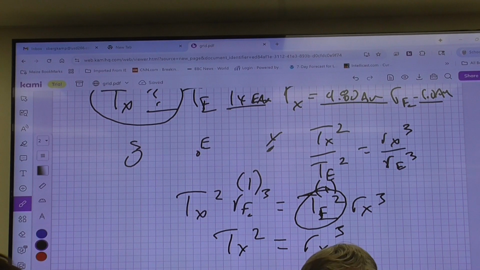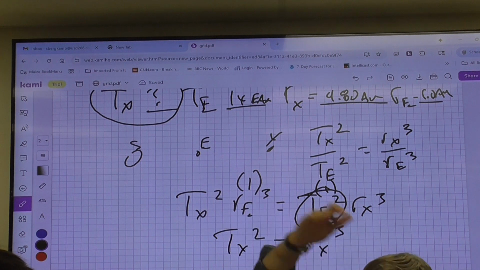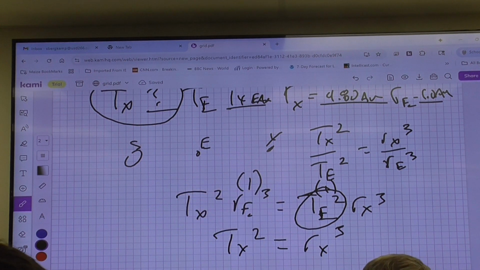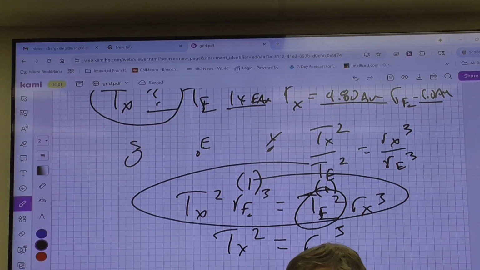If you let the radius of the Earth actually be that numeric distance from the sun to the Earth, can't do it. Okay? So it only works if you're dealing where one of the planets has a period and radius equal to 1. And if you're not sure, do the full Monty, okay? Write the whole thing out.